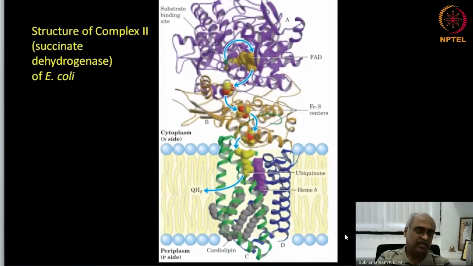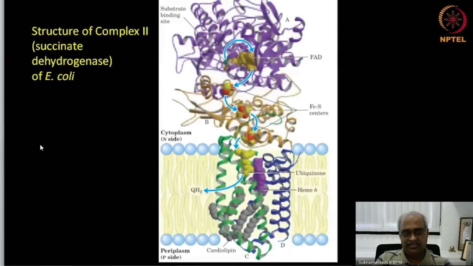Now let us look at complex 2 that I did not mention in the initial introduction. That is because it actually comes from a sort of a loop, or a bypass. When we see the overall structure, we'll understand. This complex 2 is something that we already know.